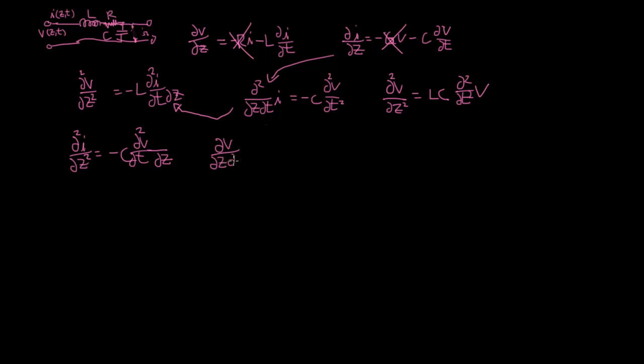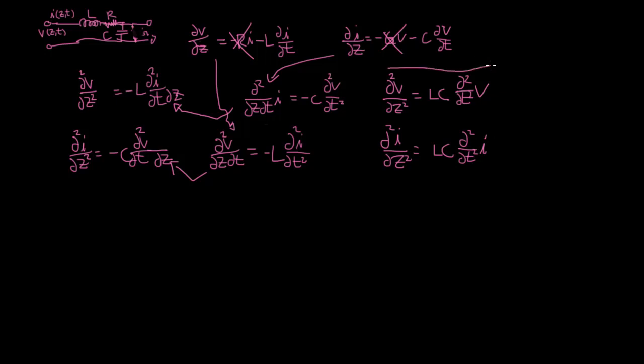So we take this equation and add a d/dt to it. So again, it's going to give you minus L times the second derivative of i. So now this gives you something that you can substitute in, and then you come up with our current-only equation. It's going to be equal to LC d squared i/dt squared.